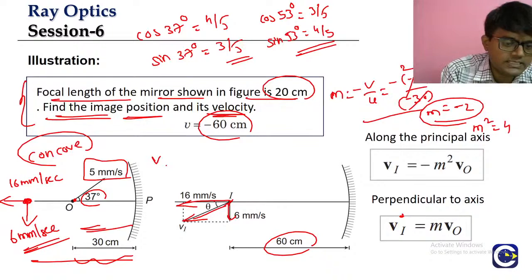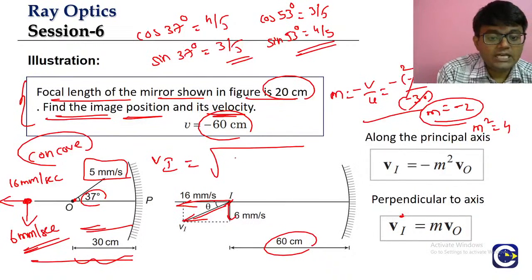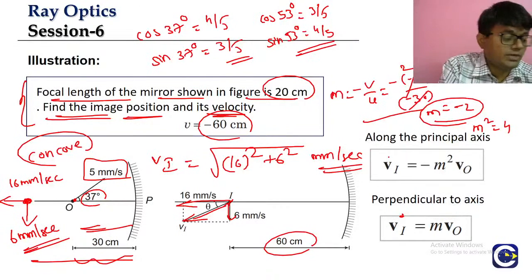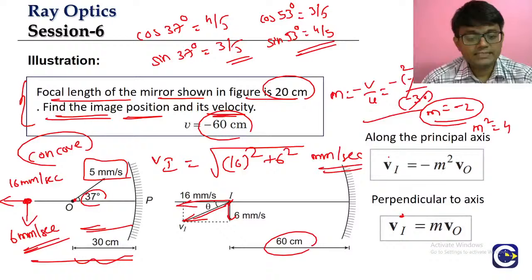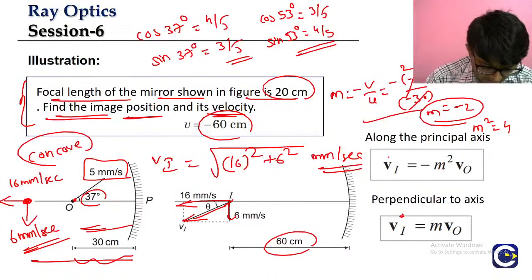If you have to tell what is the total image velocity, means what? We have to take the resultant of them, right, which is what? Root of 16 square plus 6 square. Okay, so if you have to tell the answer means what is it going to be? Root of 16 square plus 6 square. Okay guys, so that is what will be the total image velocity.